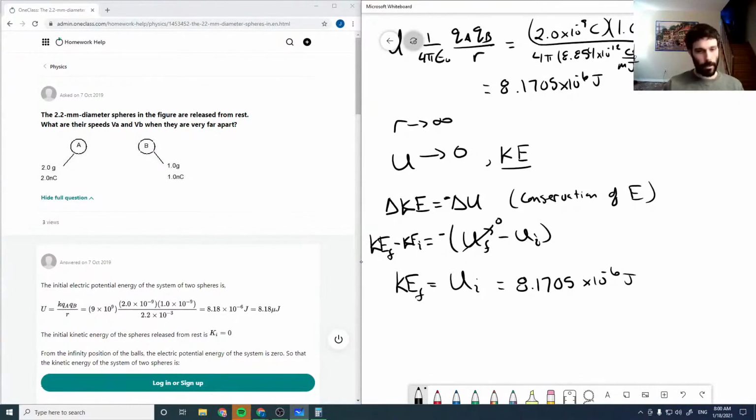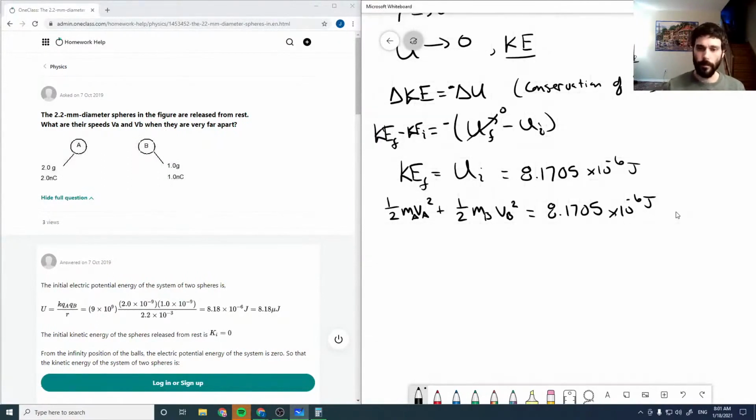Our final kinetic energy is 1/2 mA vA squared plus 1/2 mB vB squared, I should have put A's on everything, which is equal to this 8.1705 times 10 to the minus 6 joules. So we also have conservation of momentum.